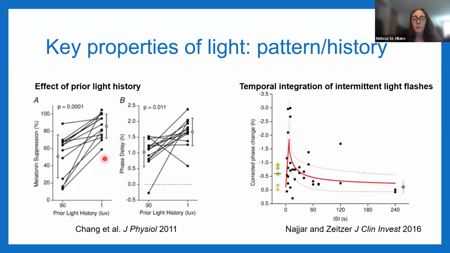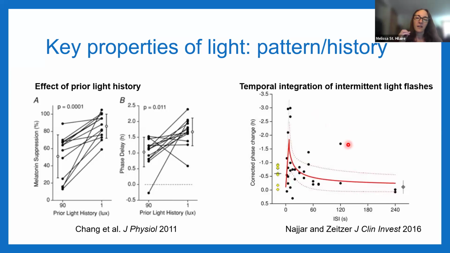I also want to mention, because I think that these data are very interesting, and I'm still trying to wrap my head around them, we're trying to reconcile how these data fit in with what we've modeled of the circadian system. Of course, I'm talking about Dr. Zeitzer and colleagues and his temporal integration of intermittent light flashes.